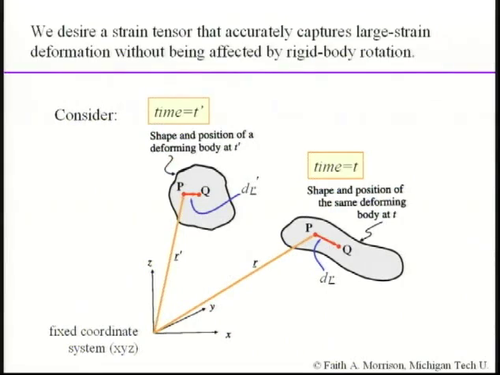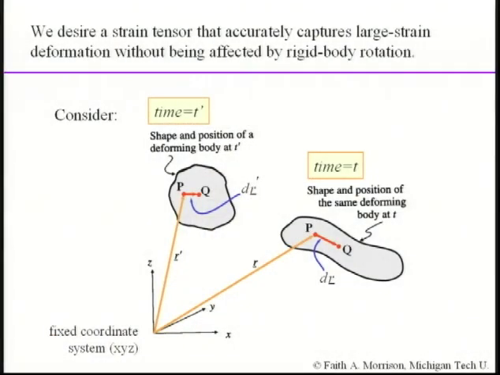We're going to define some deformation tensors, and then we're going to apply a principle from tensor calculus called polar decomposition, which will allow us to take the rotation out. Okay. So first we're going to develop a complete strain tensor that will take into account, just like gamma, both stretch and rotation, and then we're going to take out the rotation. Okay, so that's the beginning on this slide here.